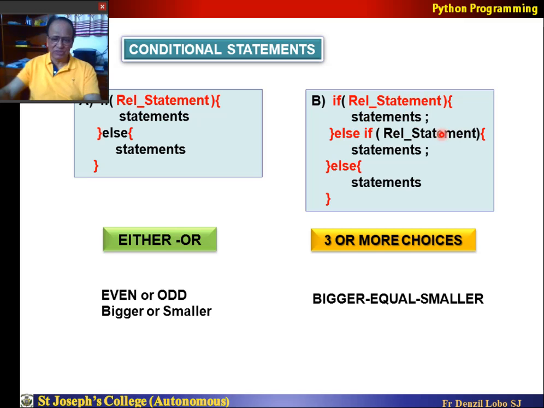Else, if this is true, you do this statement, or this statement. So there are three options here: this one, or this one. Three or more options may be there. So bigger, equal, or smaller. These are pseudocode statements. We will convert these first into a flowchart, and then we shall work on the Python program.